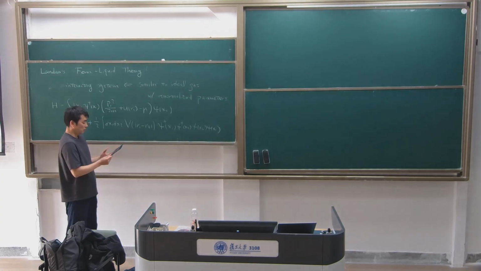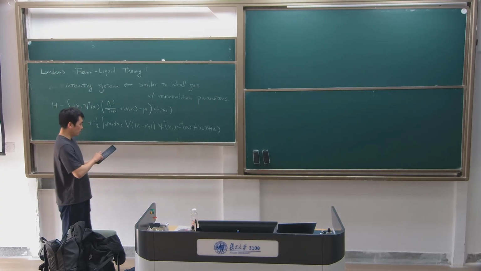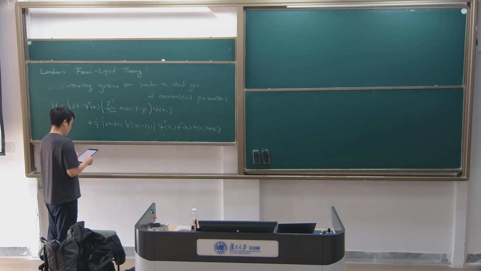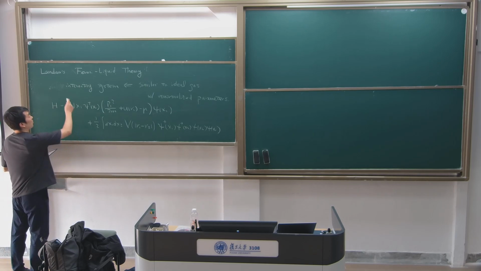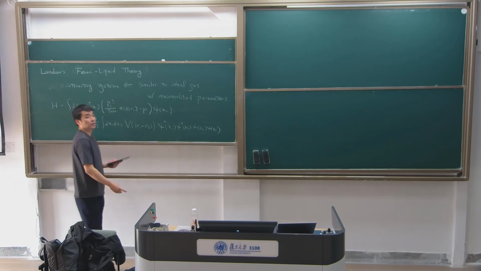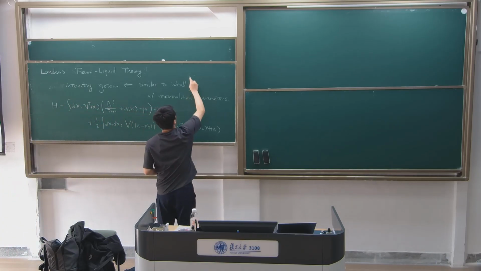So the main idea is that you can approximate the interacting system by a non-interacting system. So the idea is interaction.